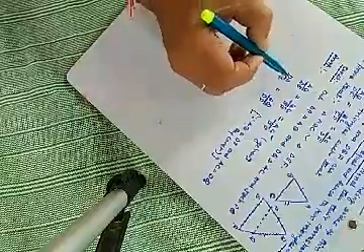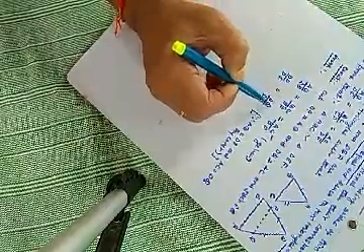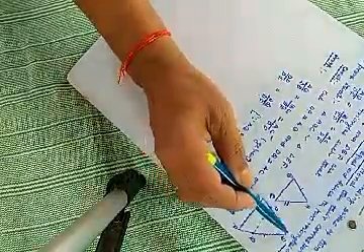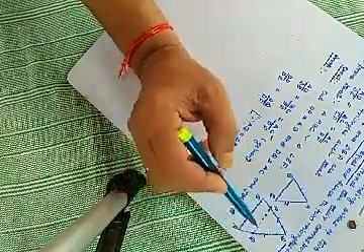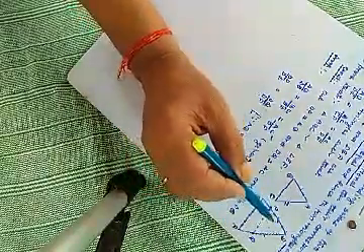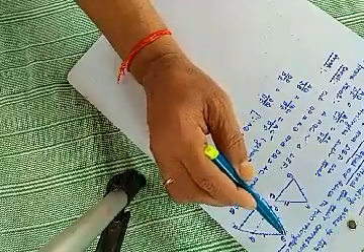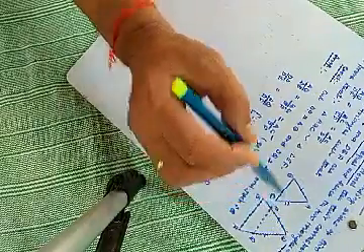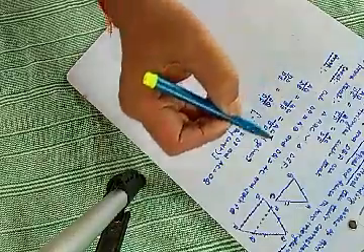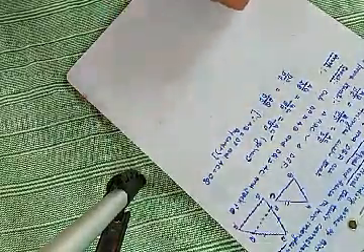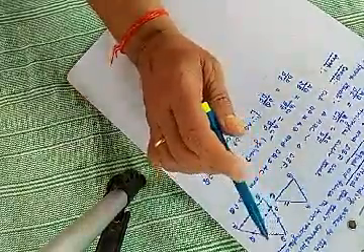Now DP upon DE and DQ upon DF are the corresponding sides. DP upon DE is equal to DQ upon DF. So by the converse of BPT. What is the converse of BPT?